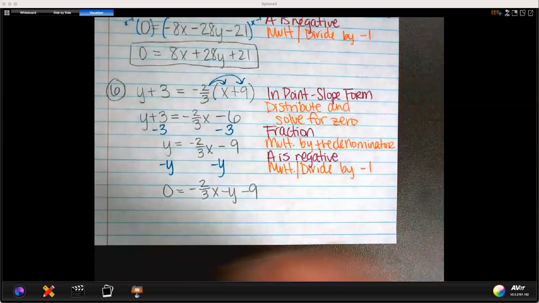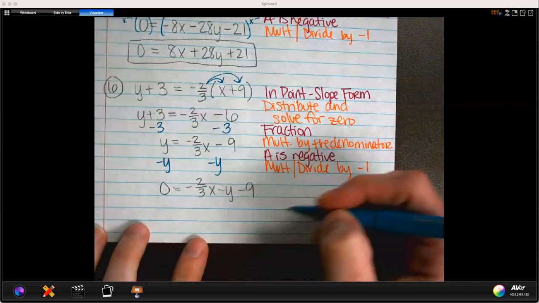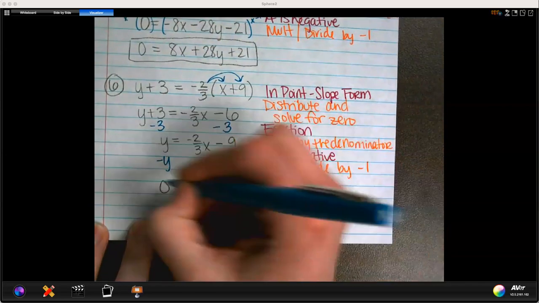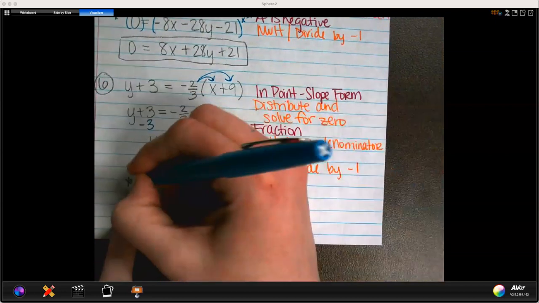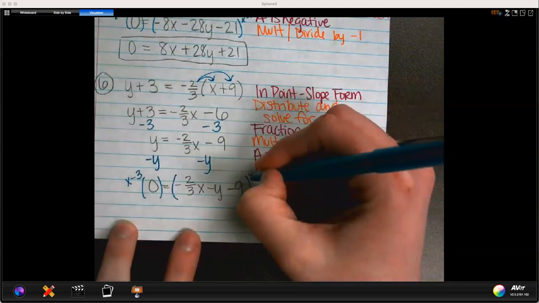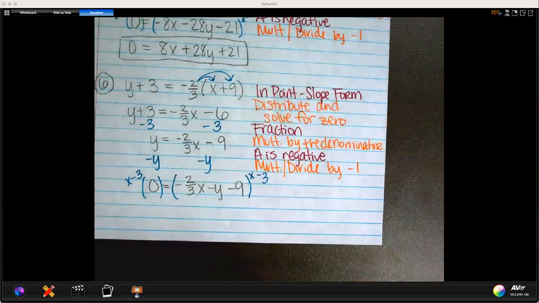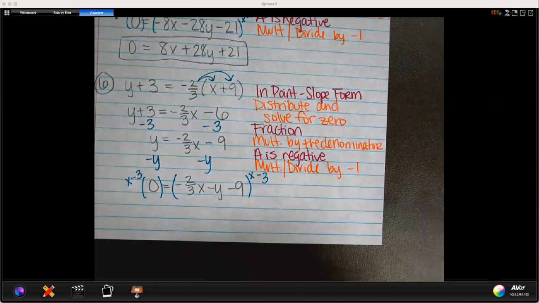Okay. So what could I do in 1 step to solve this problem? What could I multiply by? Multiply by -3. So if you notice that a is negative and you have fractions, you can multiply by a negative denominator or negative LCM. If that confuses you, keep it as 2 steps.